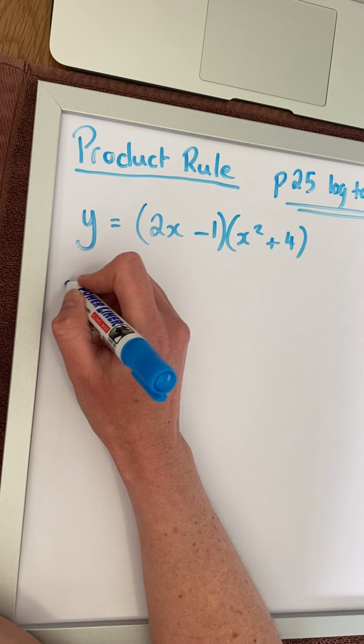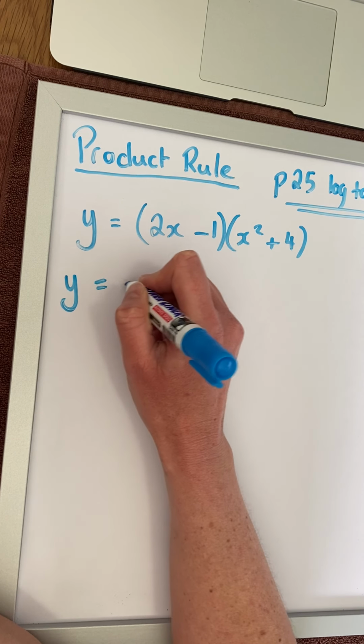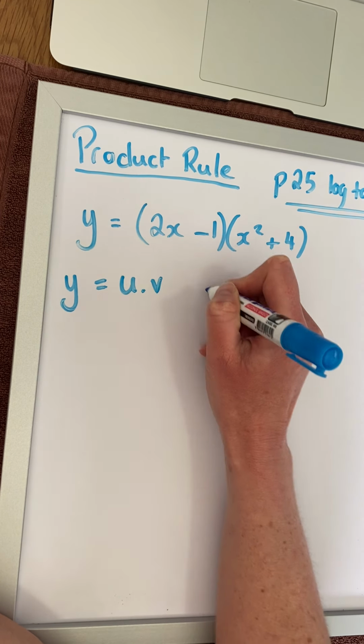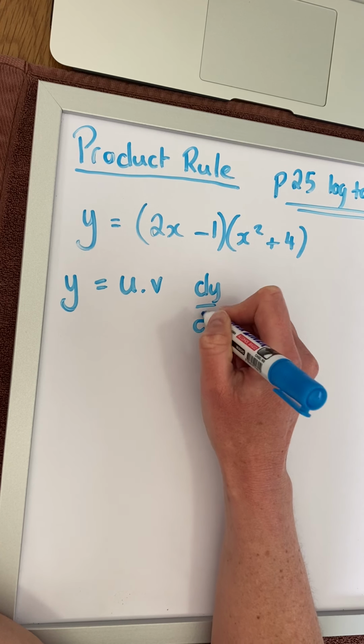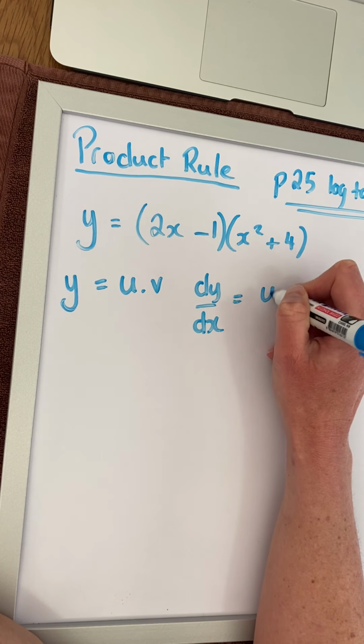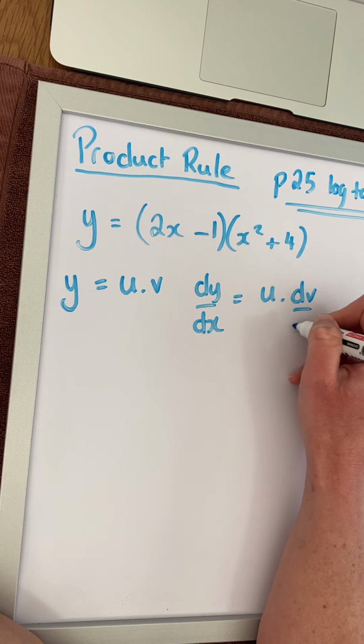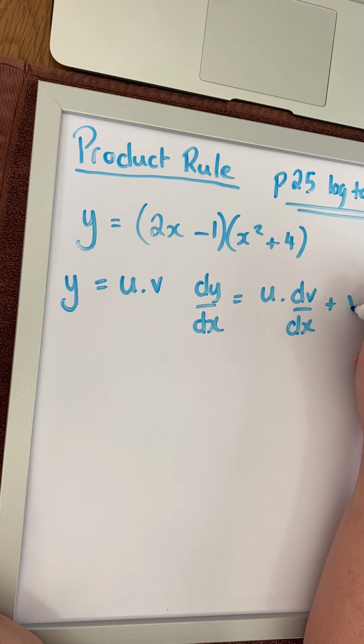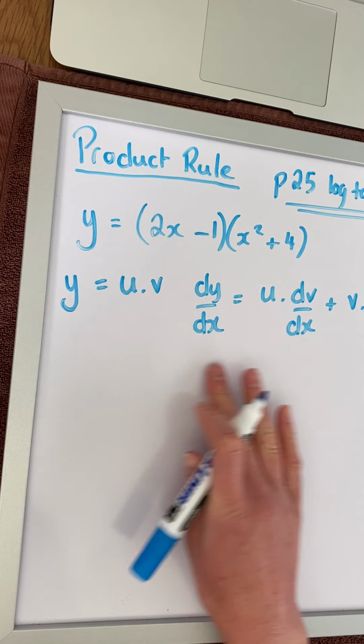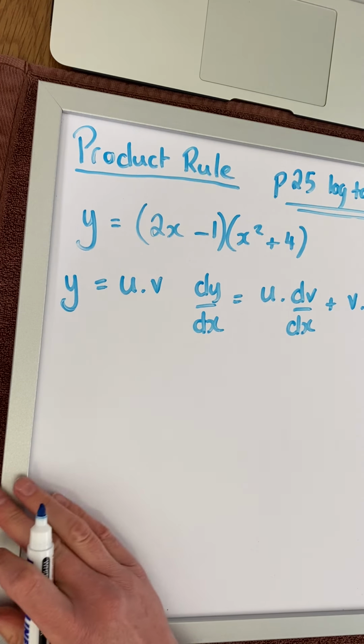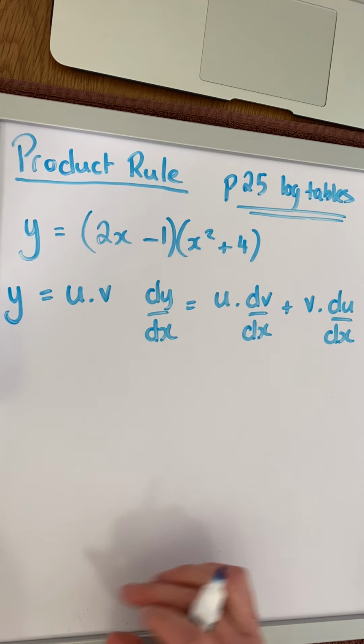So the product rule states that where y is equal to u multiplied by v, the derivative dy/dx is equal to u times dv/dx plus v times du/dx. Again, that rule is on page 25 of our log tables, so we don't have to learn that off.